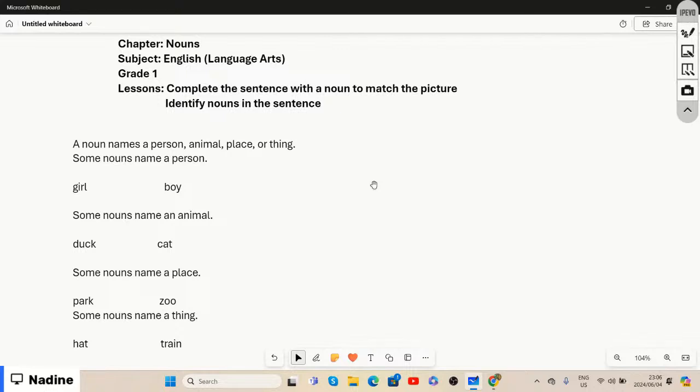The lessons that we are going to be focusing on under the chapter of nouns are to complete the sentence with a noun to match the picture, and to identify nouns within the sentence.